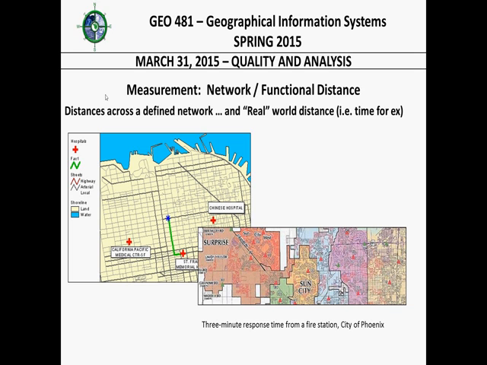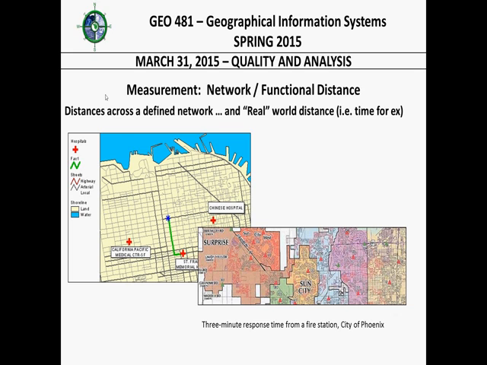So in network and functional distance, instead of using a Euclidean or straight line distance, we look across a functional network, which is usually a street network. Not always, but most of the time when we talk about this, we're talking about across streets. So if an incident occurs here, and we need to get a person from that location in San Francisco to a hospital, it doesn't do me any good to use Euclidean distance.